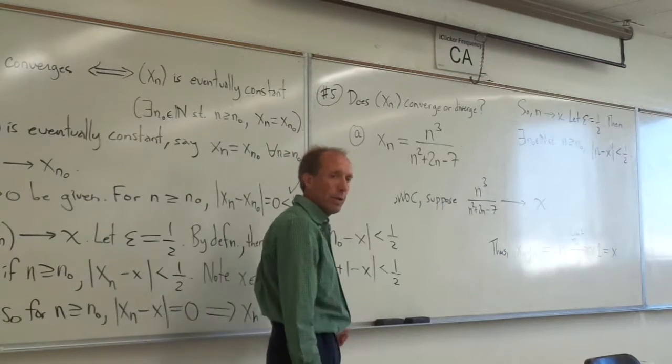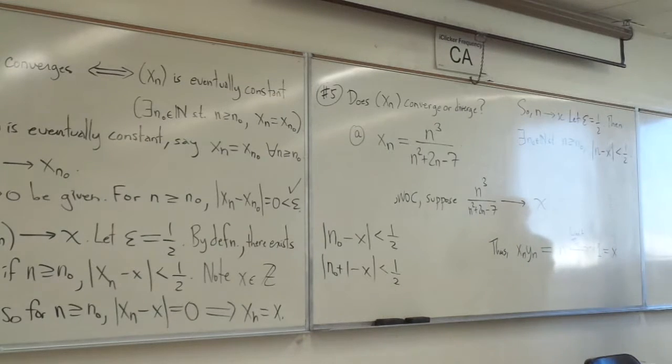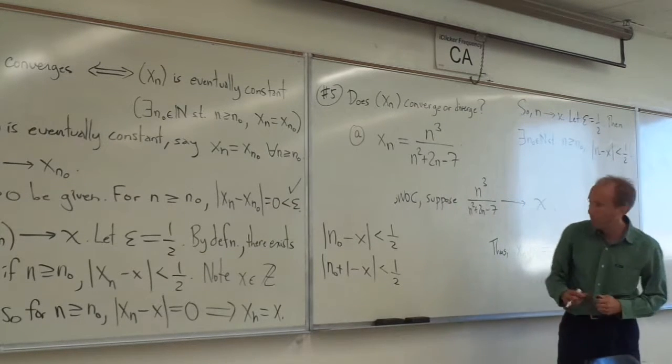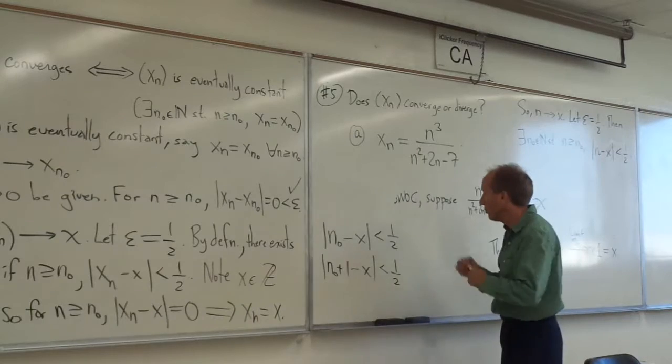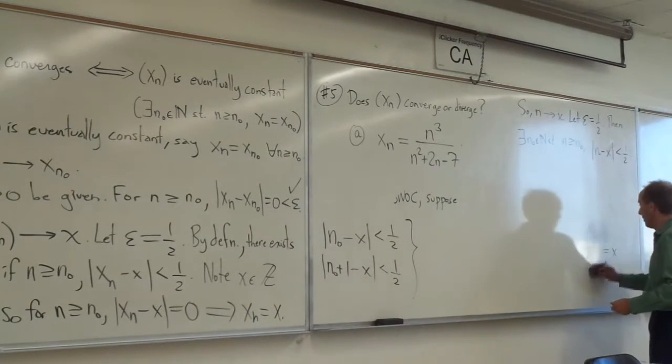And if we want, we could put N naught plus 2 minus X, N naught plus 3 minus X, N naught plus 4 minus X. All of those terms are absolute value difference less than 1/2. So what we can do is add these together.